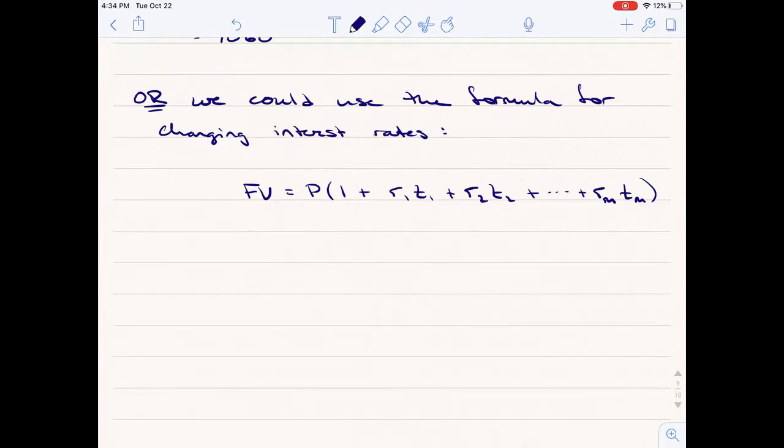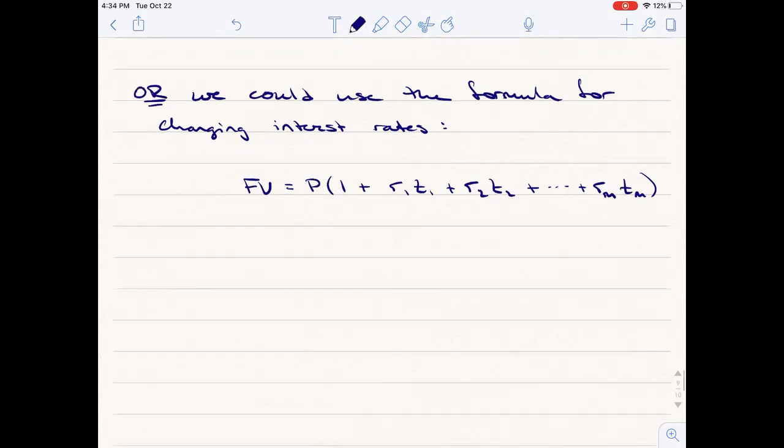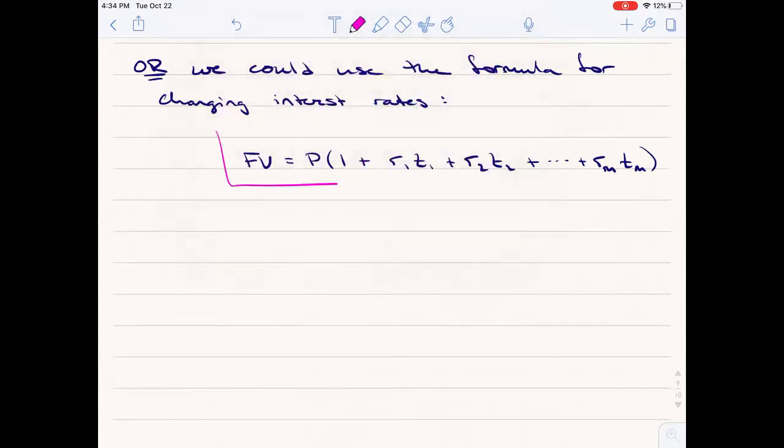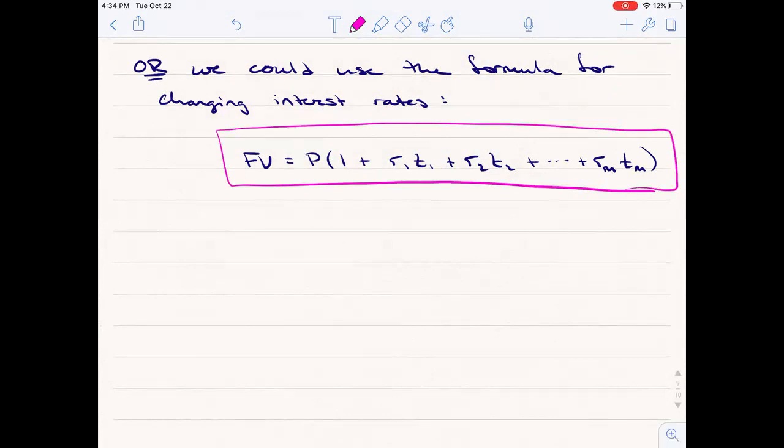This is only if you've got one principal amount being subjected to rate changes as you move along: rate 1, rate 2, rate 3. And then you just tell it how long it was at each rate for the T's. This is on your formula sheet. It's been a while since we did that, but just to highlight that that's on your formula sheet.